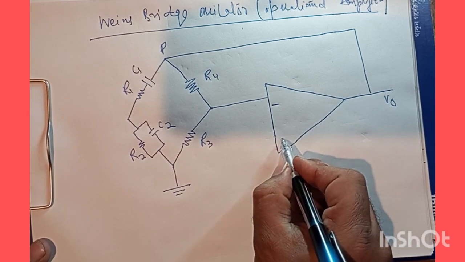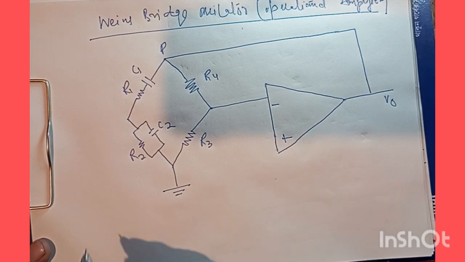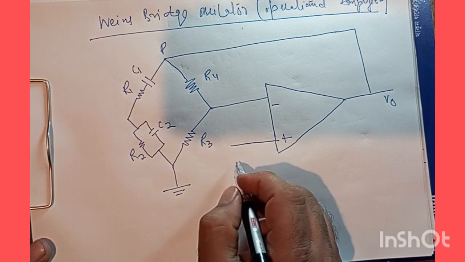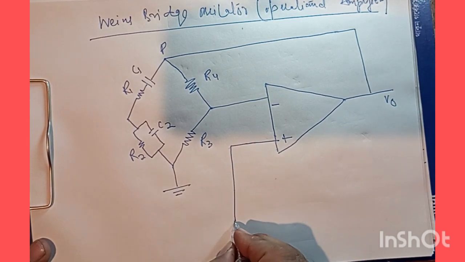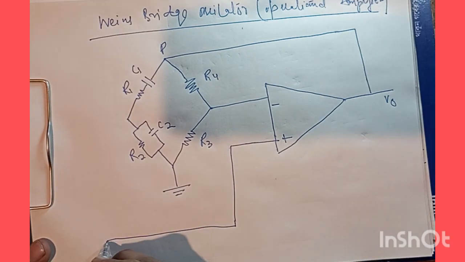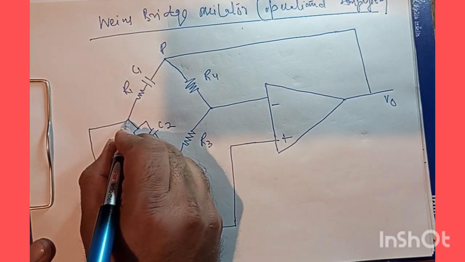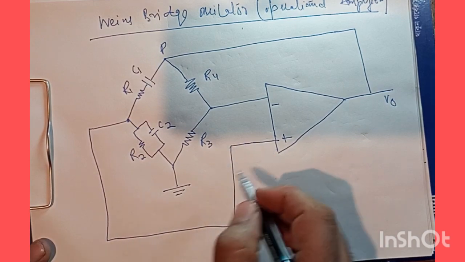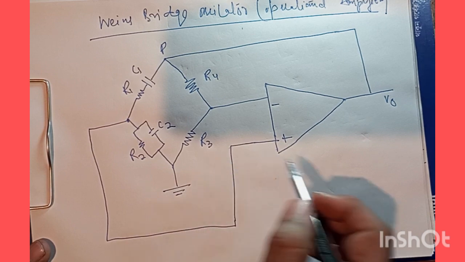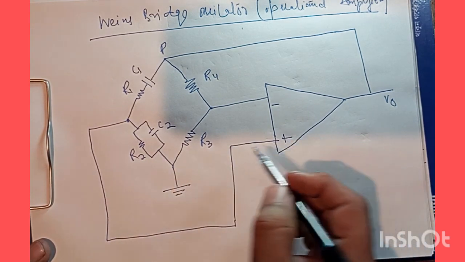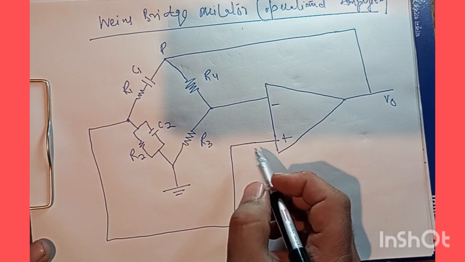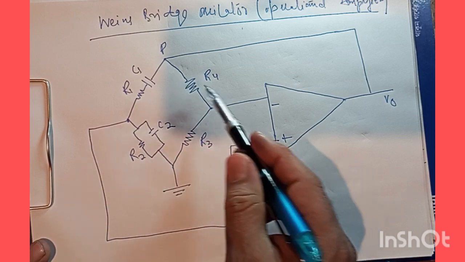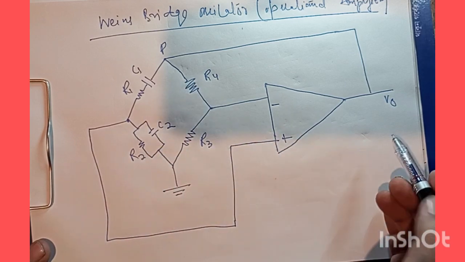And then going with the positive terminal of this operational amplifier, we have to connect it to this junction, so that everything is grounded. So clearly, one thing is clear here, that we have a bridge, and this bridge is acting as a feedback circuit to this operational amplifier.